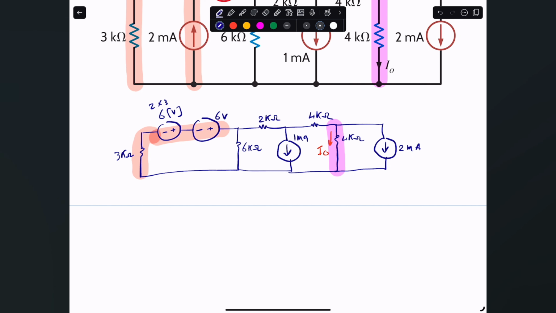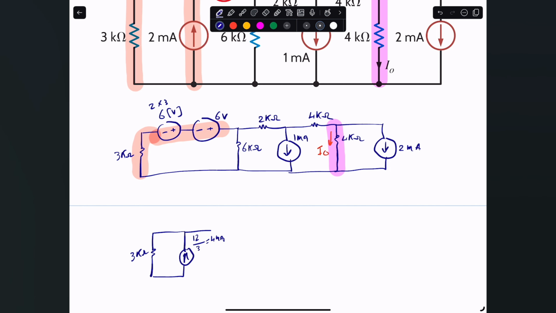The 3 kilo ohm stays the same, it's 3 kilo ohms. But now the current source is moving upwards in here, and that current source is 12 volts divided by 3 kilo ohms, which is 4 milliamps.